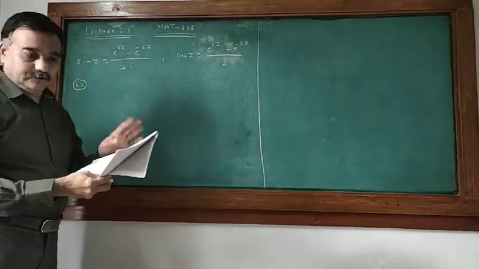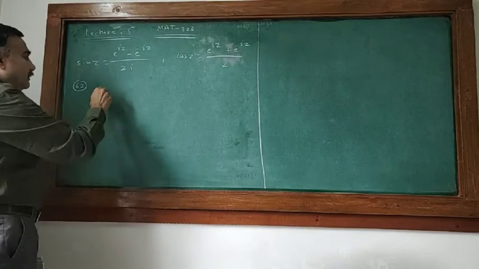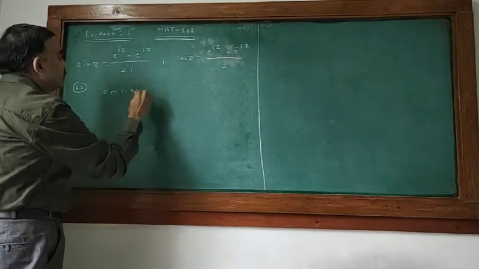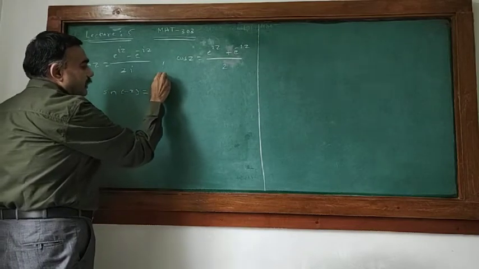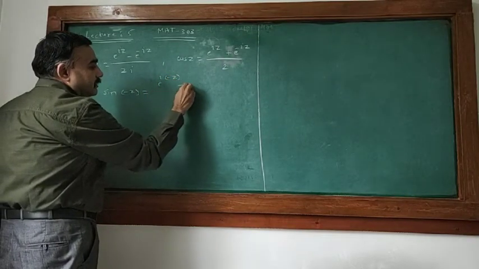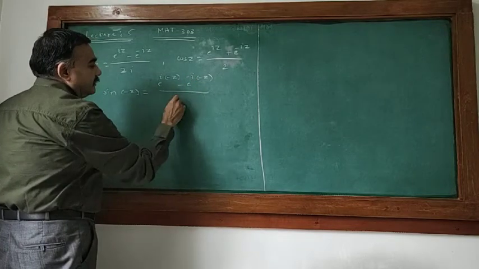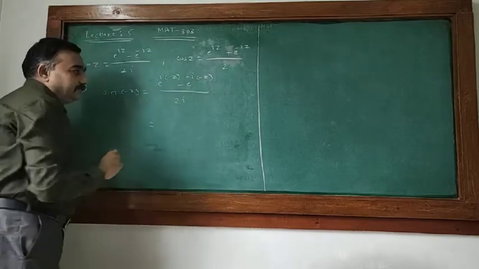As per my notes, sin of minus z is e raised to i times minus z minus e raised to minus i times minus z divided by 2i.